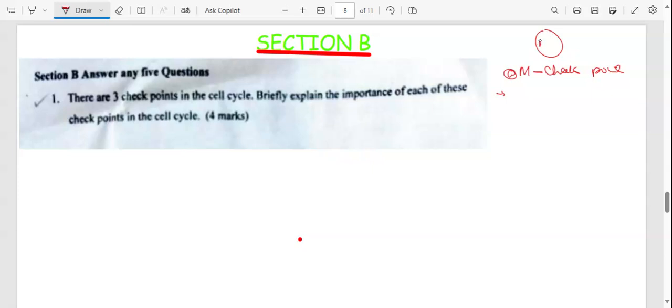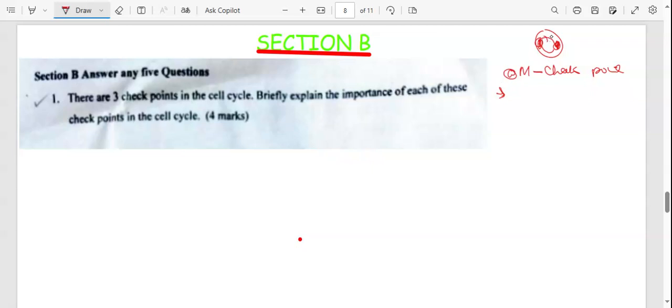Spindles are these ones which are found in this. So we'll check this and also check this. So it's called the spindle checkpoint, or spindle assembly checkpoint. We are just checking the assembling of these at the metaphase. So the M checkpoint, which is the spindle checkpoint, checks for the correct attachment of chromosomes to the spindles.